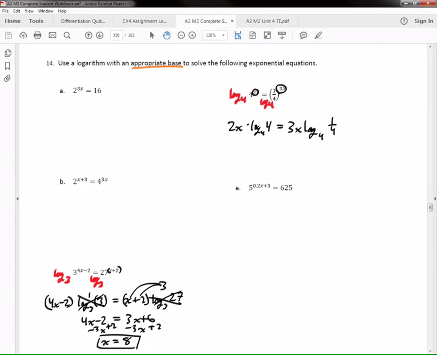Alright, what can we do with that? Like, how can I flip that inside? Yeah, you can. If you flip that, then you're going to make this log into a negative. So we're going to have negative 3x log base 4 of 4. Why is it negative? Because I flipped the fraction inside the log. That's one of your properties. Check out the summary at the end of lesson 15.